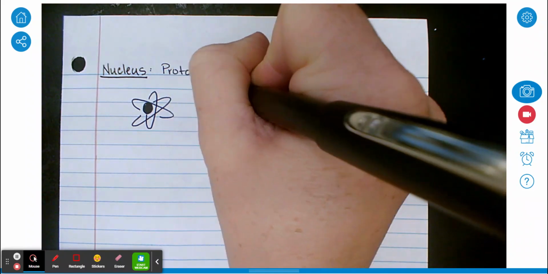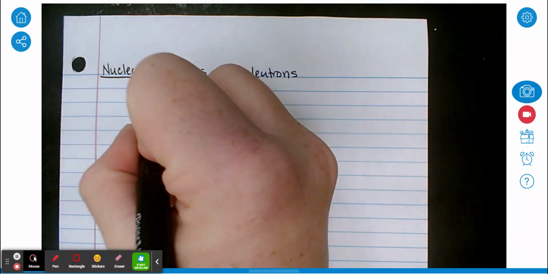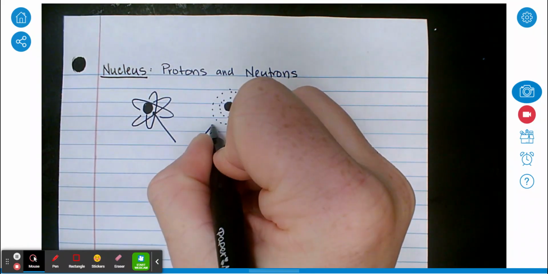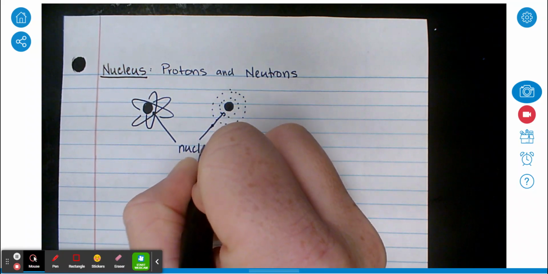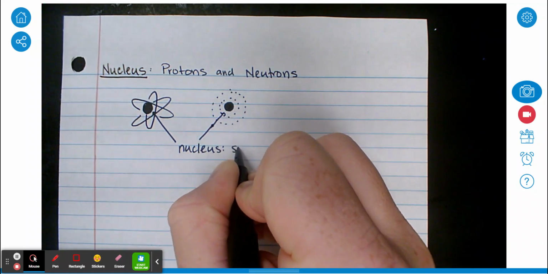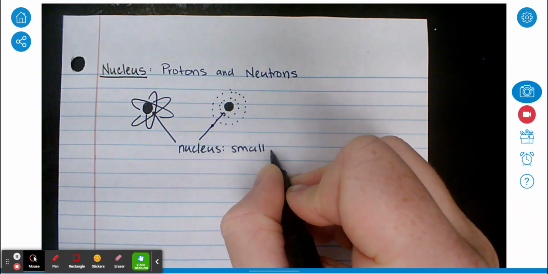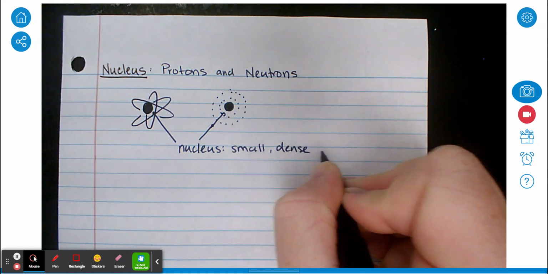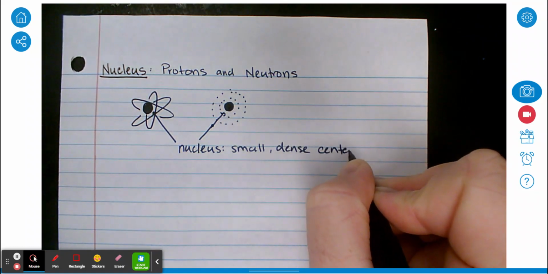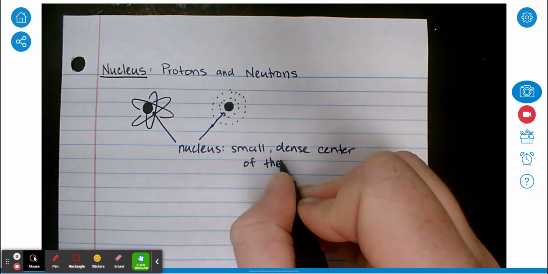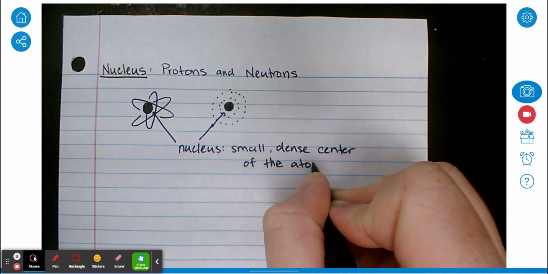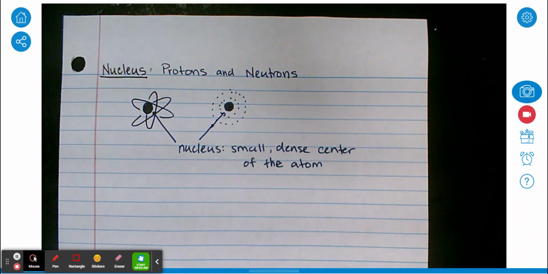But in both of these drawings, the nucleus is a small, dense center for an atom. So we're looking at that small, dense center.